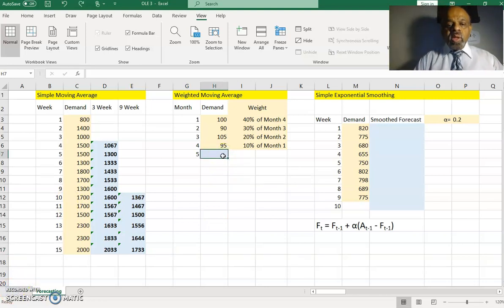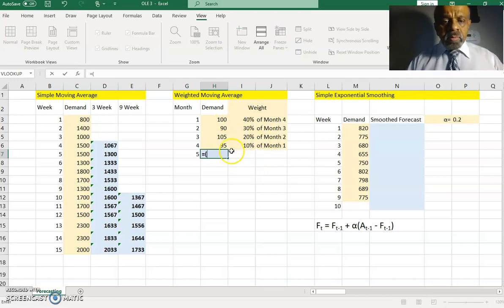As we find the weighted moving average for the 5th month, the equation that we are going to put is: the forecast demand for the 5th month is equal to 95, which is the 4th month's demand, times the 40%, because it's 40% for month 4, plus 105 times the 30%, which is for month 3, plus 90 times 20%, which is month 2, plus 100 times the 10%, which is for the 1st month.